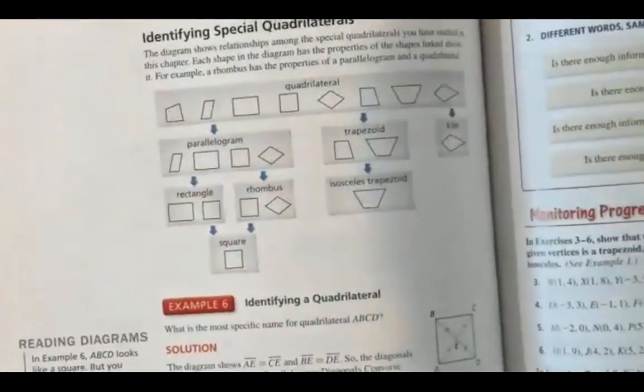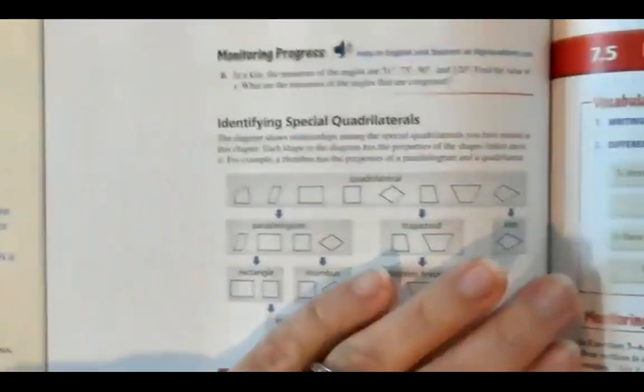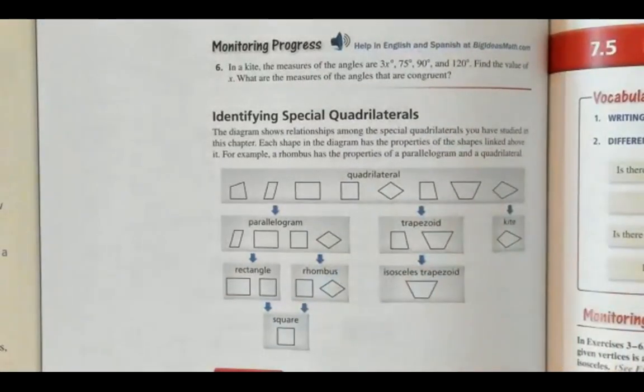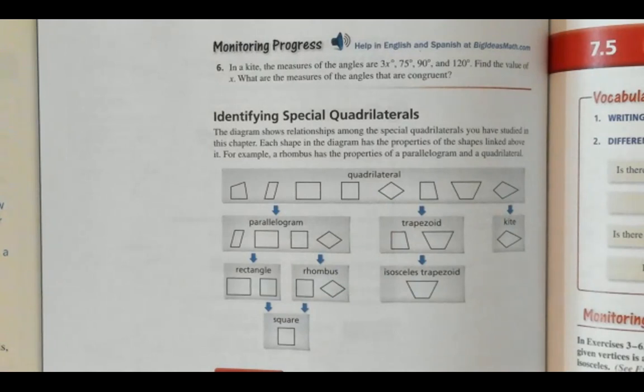Almost done, guys. All right, let's look up here at monitoring progress number 6. Okay, it says in a kite, the measures of the angles are 3x, 75, 90, and 120. Find the value of x. So 3x is going to be equal to either 75, 90, or 120.